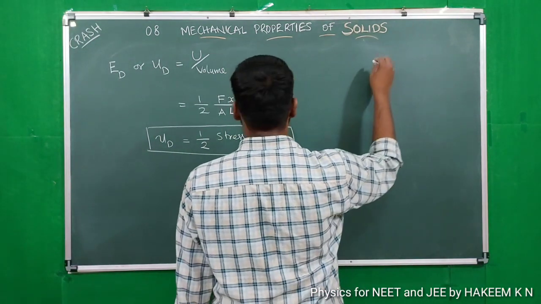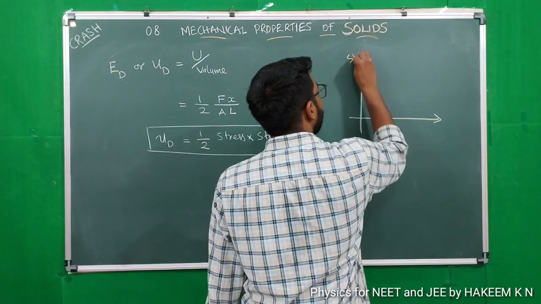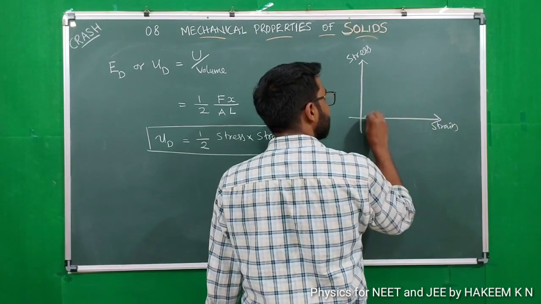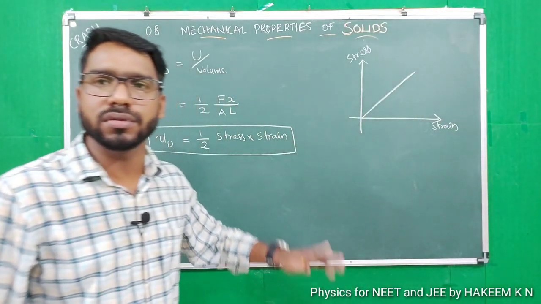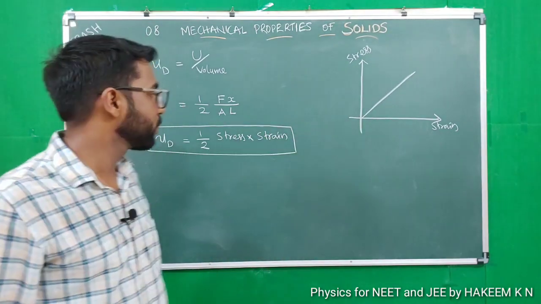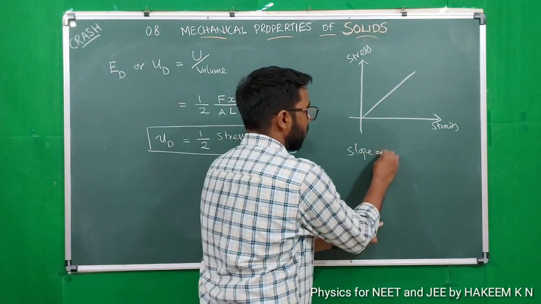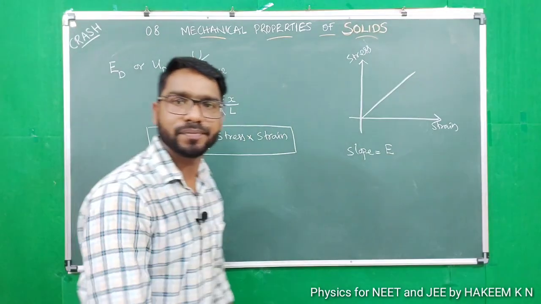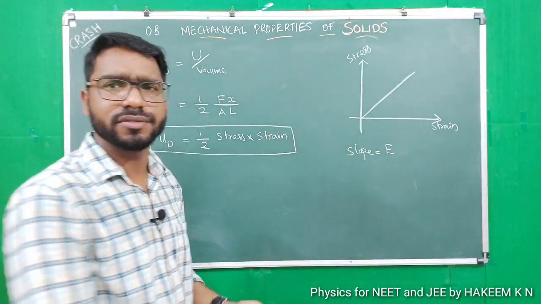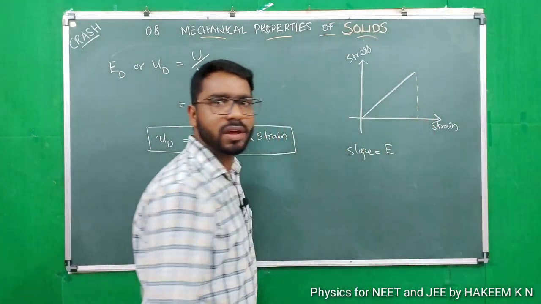You can see here, according to Hooke's law, the stress strain graph is a straight line inclined to both the axes because stress is directly proportional to strain. So what does the slope give? Slope gives modulus of elasticity, tan theta, that we discussed. And what is the area of the graph? Under the graph we get a triangular shape, right?